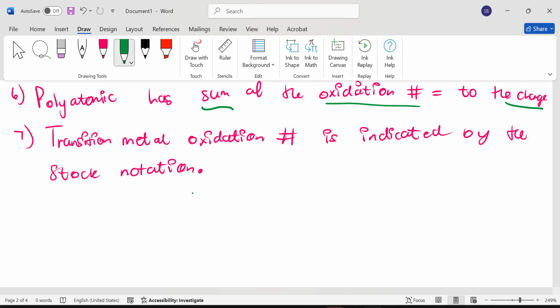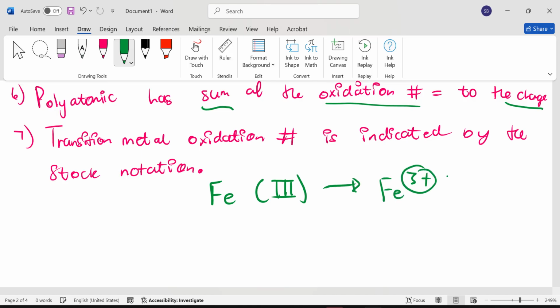Okay, so what does that mean? That means if I have a certain element like iron, remember iron can be iron plus, 2 plus, 3 plus. So if I have iron 3 plus, you would have something like this: iron 3. So when they say iron 3, that means that's Fe 3 plus.